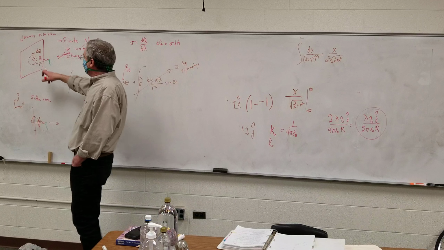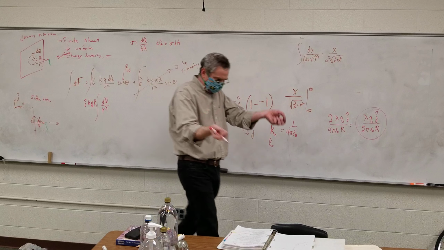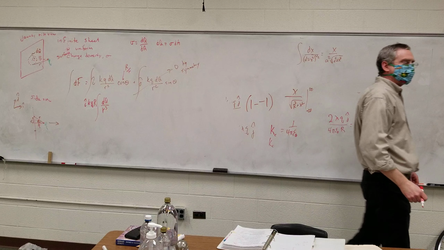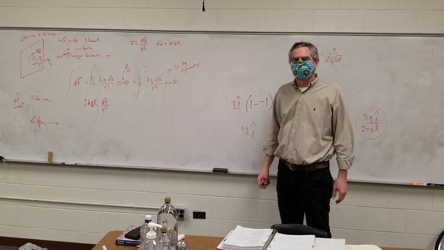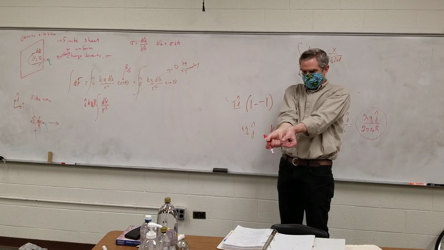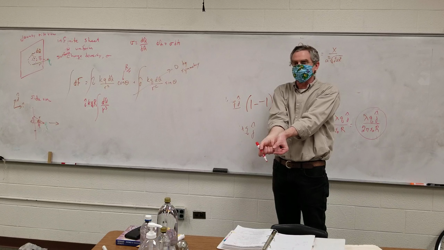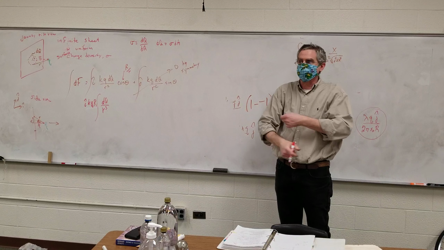So what is the area of that infinitely thin circle of charge? Just the thin circle of charge, not the area of the circle, but of that ring of charge.